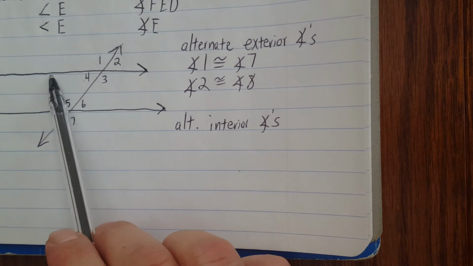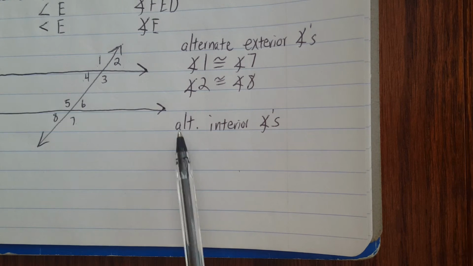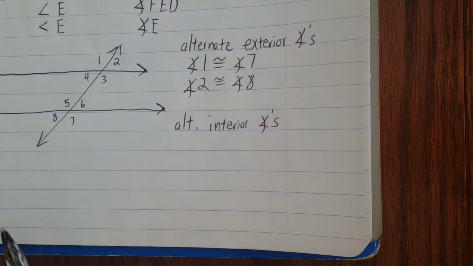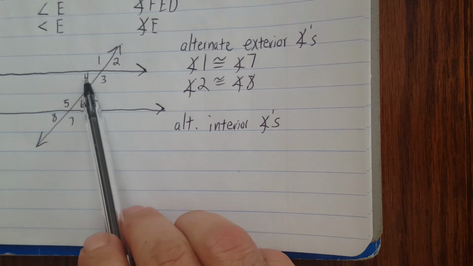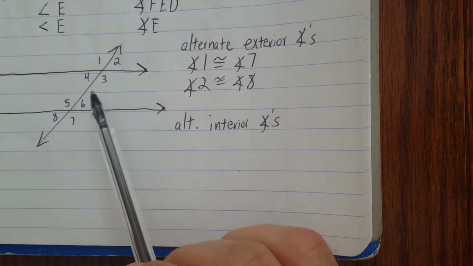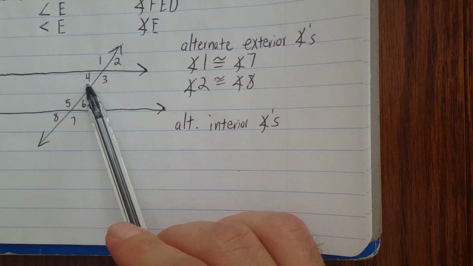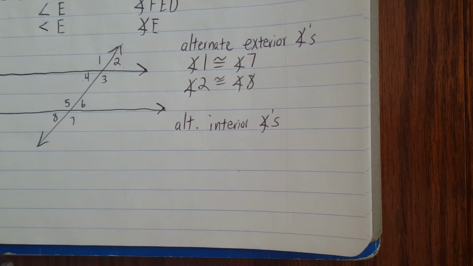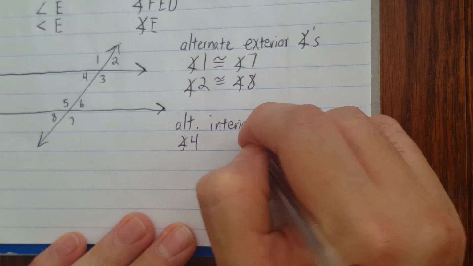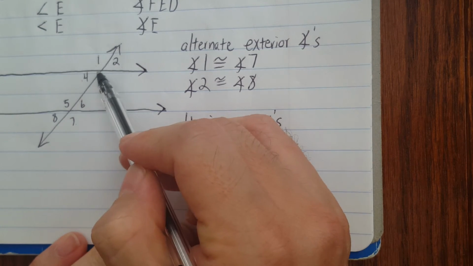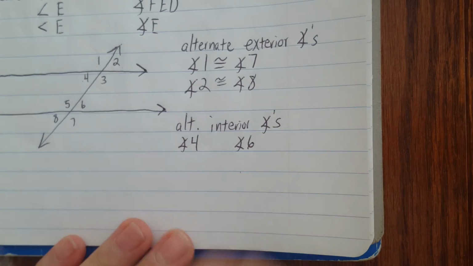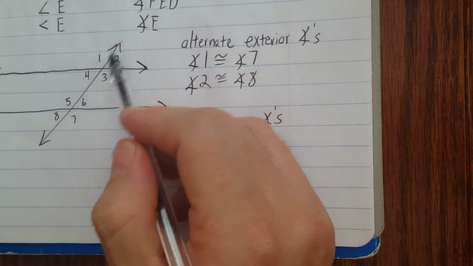So any angles that are trapped inside the parallel lines but still on alternate sides of this transversal. Okay, so that looks like it's going to be angle 4 because it's kind of underneath or trapped inside of the parallel lines. And an alternate angle from that would be angle 6. So angle 4 and angle 6, they're both inside of these parallel lines, and they are on alternate sides of that transversal right here.